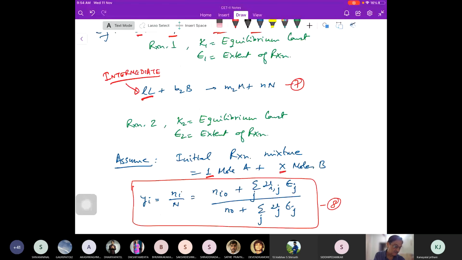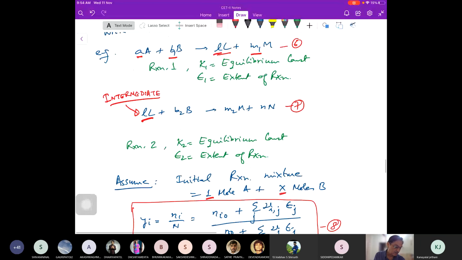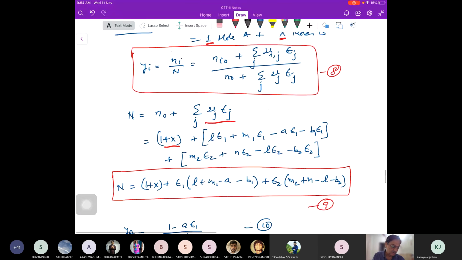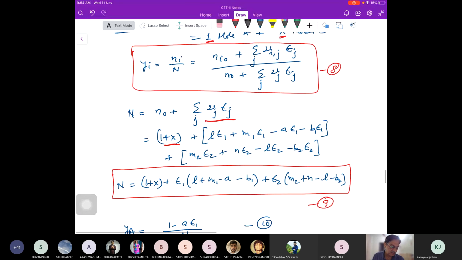L, B2, M2 and N. For the second reaction, you can write the summation over all reactions: M2 into epsilon 2 plus N into epsilon 2 minus L into epsilon 2 minus B2 into epsilon 2.